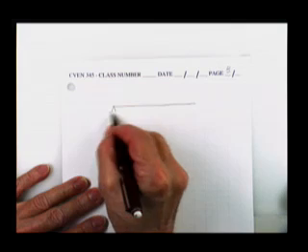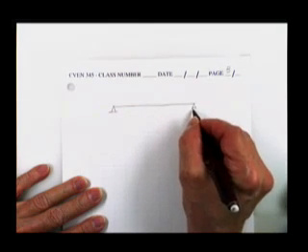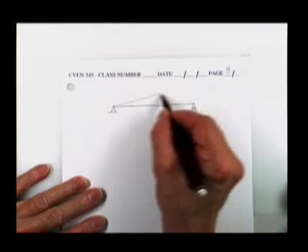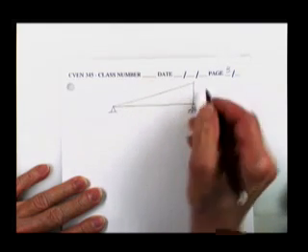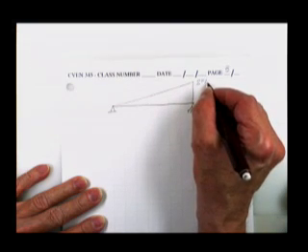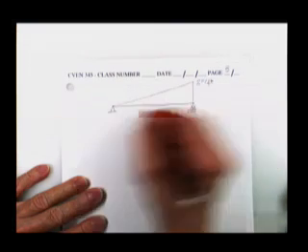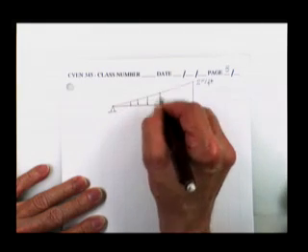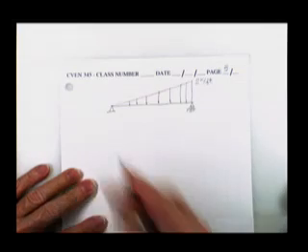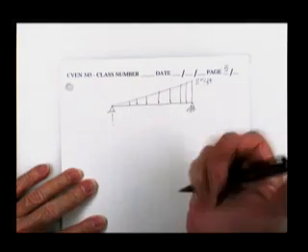Simply supported on each end. Triangular load. 2 kips per foot. Spread over 12 feet.